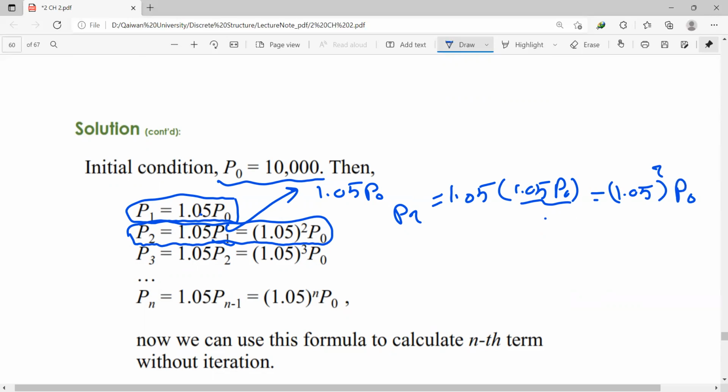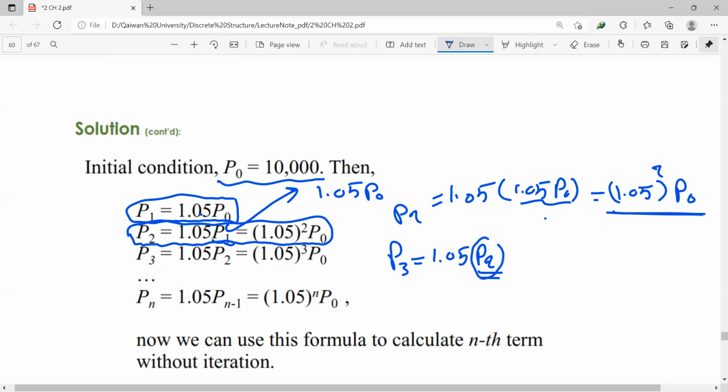We are going to write down the general form of the sequence regarding P0. How about P3? P3 is 1.05 P2, but we found P2. P2 is 1.05 squared P0.